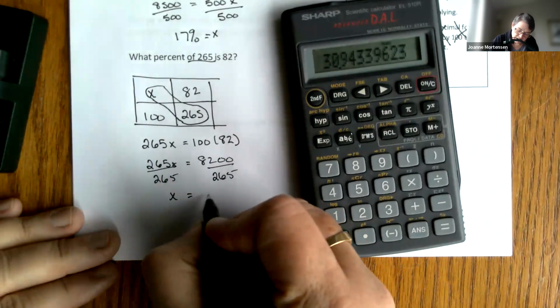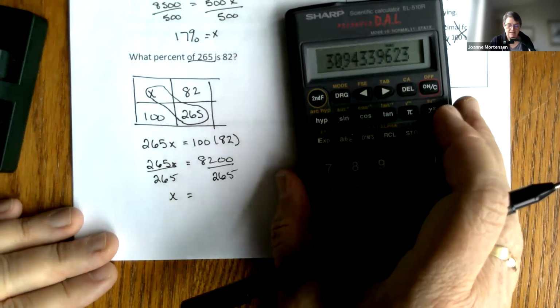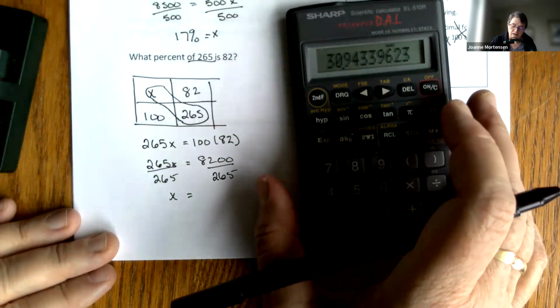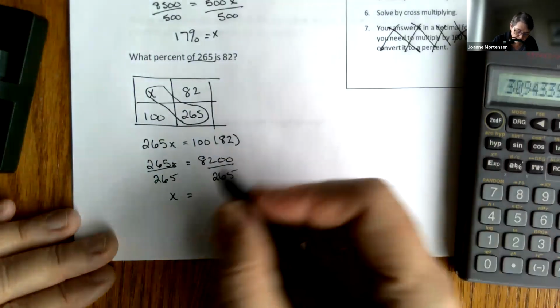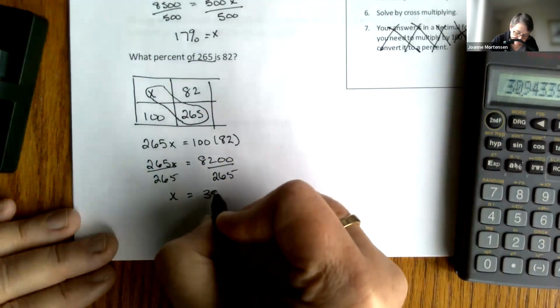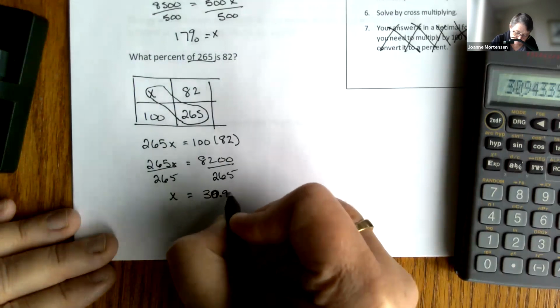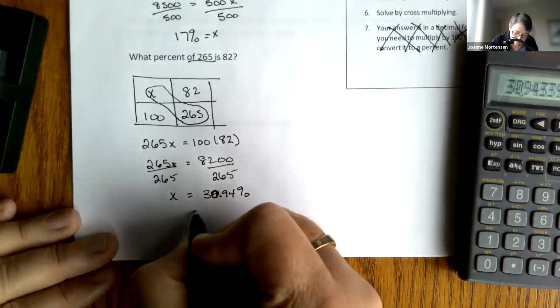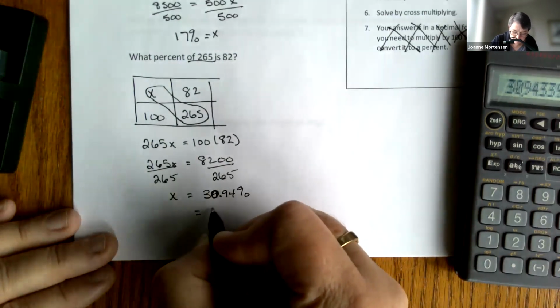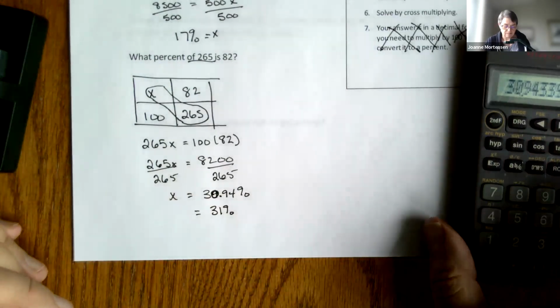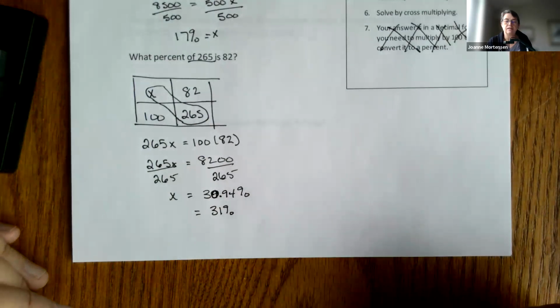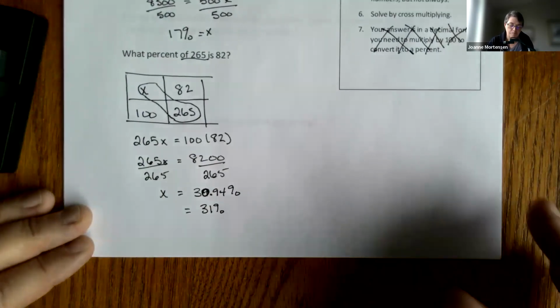All right, so we get 30.94, and I have no instructions on how to round, so I'm going to do this. 30.94%, and I'm going to round it to 31%. There we go.